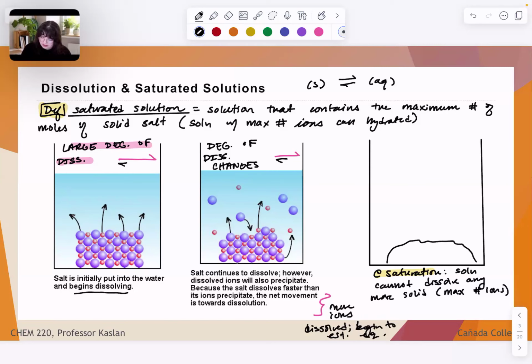We would see our solid at the bottom of our beaker. But if we were to zoom in very close, we would see that the solution contains a large amount of ions, certainly larger than the prior states shown to the left. So I would have many more of these purple ions and of these red.